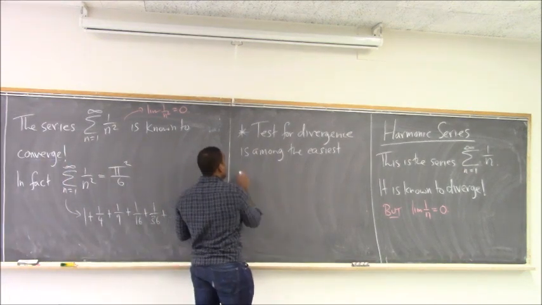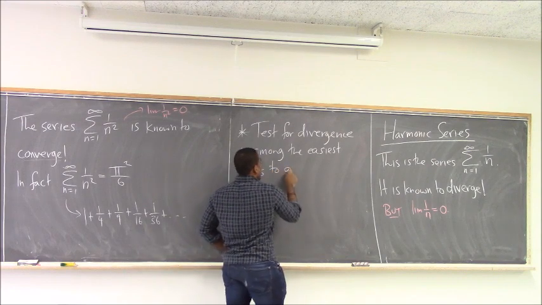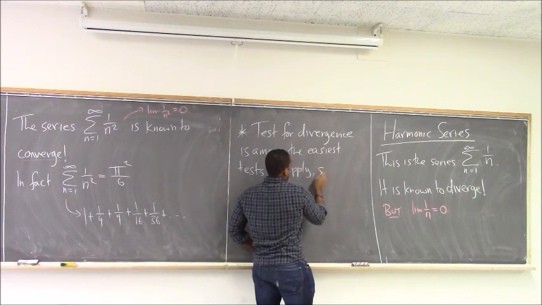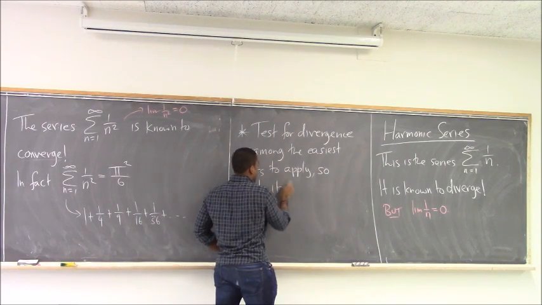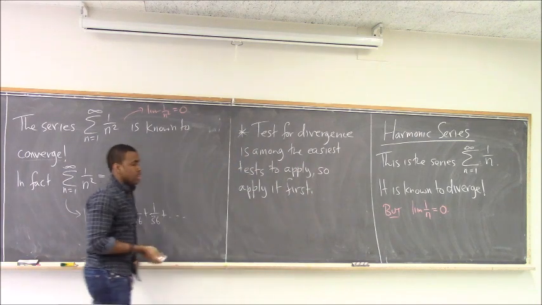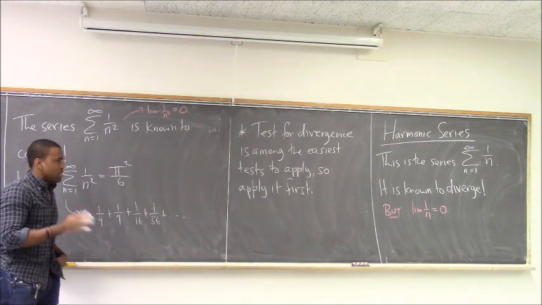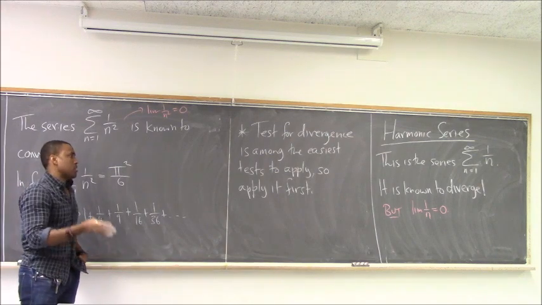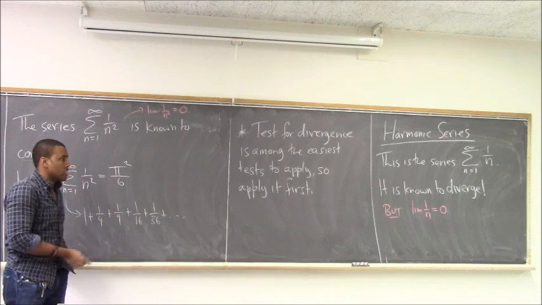But it is among the easiest tests to apply. So apply it first. Unless there's a good reason to assume that it's not going to work out, it should be one of the first things you think about. Just in the same way that if I give you a random integration, you think of a basic rule first, or substitution would be one of the first things you think about.